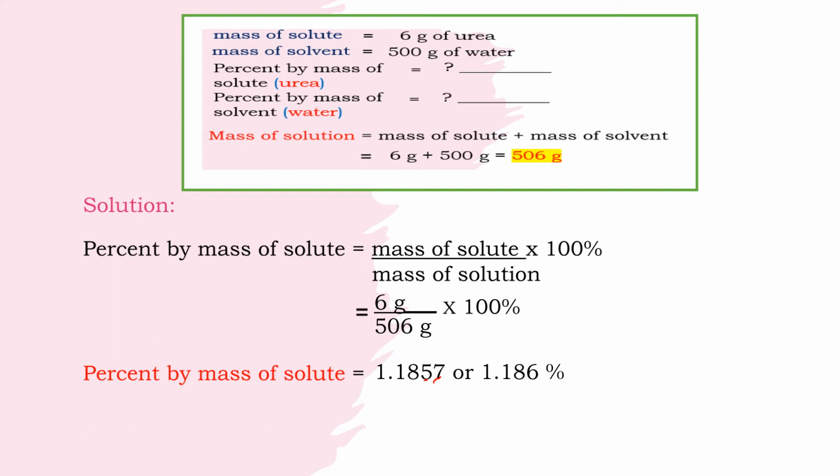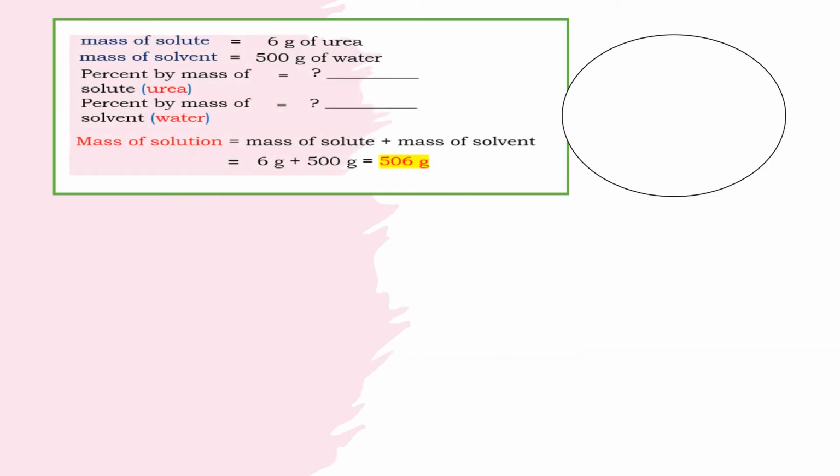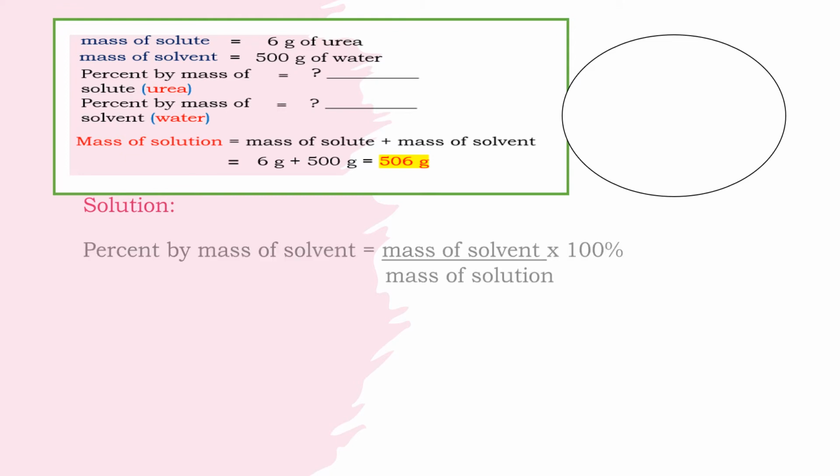How about the percent by mass of solvent? So let us now proceed to percent by mass of solvent. That is equal to mass of solvent divided by the mass of solution, and that is times 100%. Substitution of the given values, we have, for the mass of solvent, 500 grams of water divided by the mass of solution, which is 506 grams.